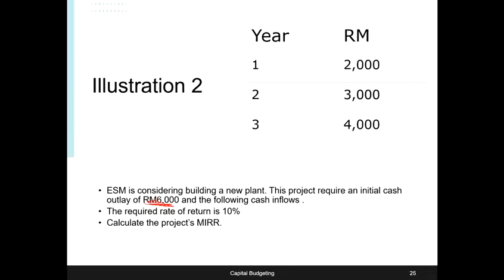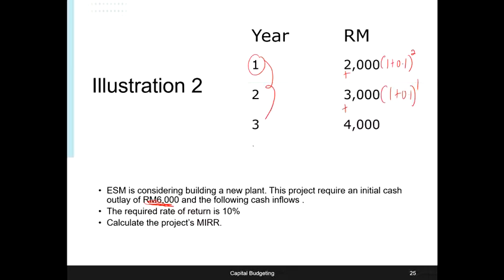Calculate the project's MIRR. So step 2 will be 2,000 times with 1 plus 0.1 to the power of 2, plus 3,000 times with 1 plus 0.1 to the power of 1. Just add with 4,000.